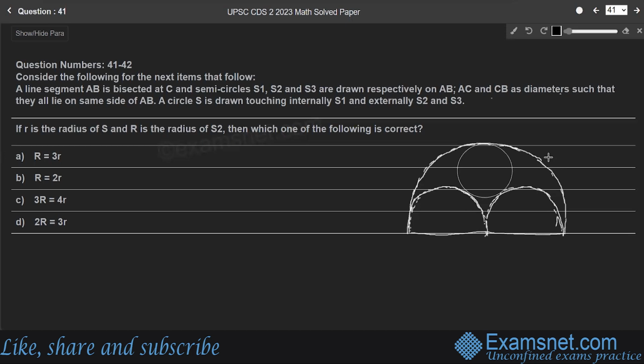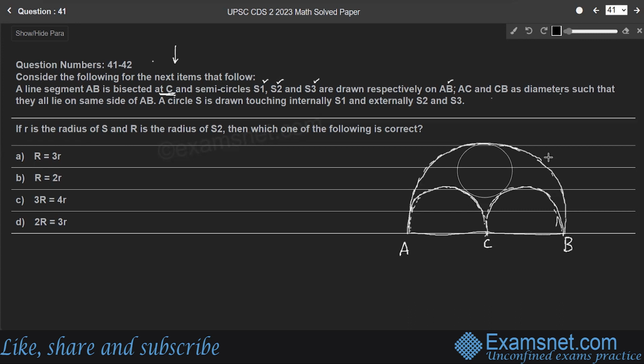Question 41. Students, two questions are based on the given information here. A line segment AB is bisected at C. So let us consider a line segment AB like this, which is bisected at C. That means the point C divides the line segment into two equal parts, right? And semicircles S1, S2 and S3 are drawn respectively on AB, AC and CB as diameters.